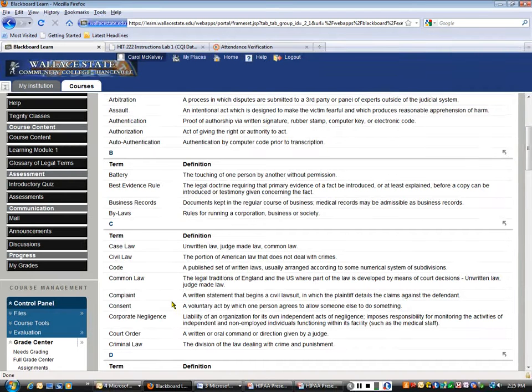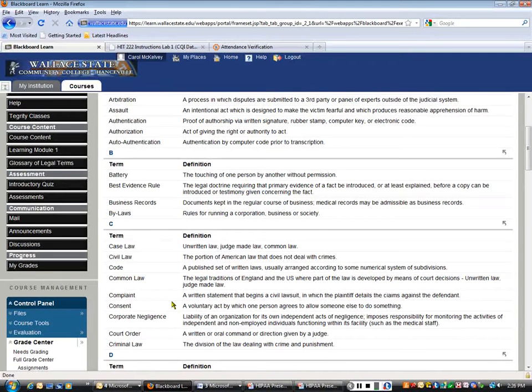Corporate negligence. It's the liability, or being able to be held accountable, or the accountability of an organization for its own independent acts of negligence. It imposes responsibility for monitoring the activities of independent and non-employed individuals functioning within its facility, such as the medical staff.